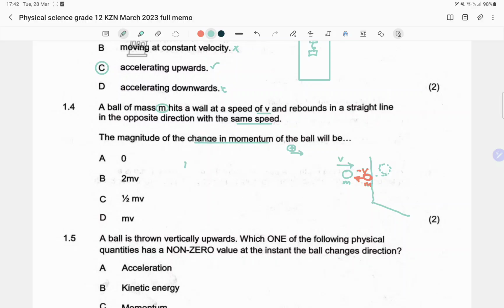So we know that the change in momentum of an object is the mass times the final velocity minus the initial velocity. The mass was m, the final velocity was minus v, minus the initial velocity, which was v. This is going to be m times minus 2v, which is minus 2mv, and essentially 2mv in the opposite direction.